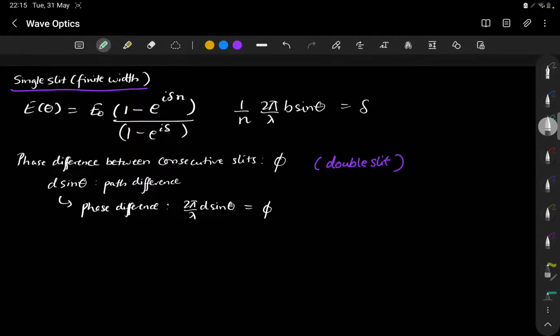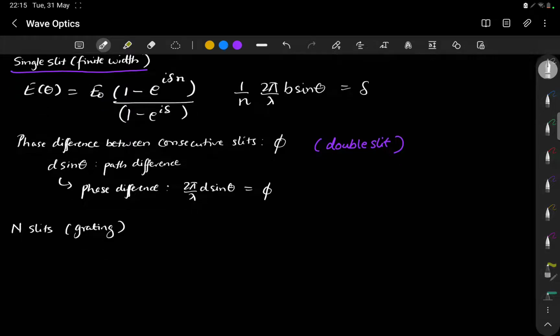Let us now come back to our expression for electric field. So the total electric field due to n slits, or the grating that we have, at an angle theta at a given point P will be given as follows. It will be the electric field contribution due to a single slit. This is the single slit part.